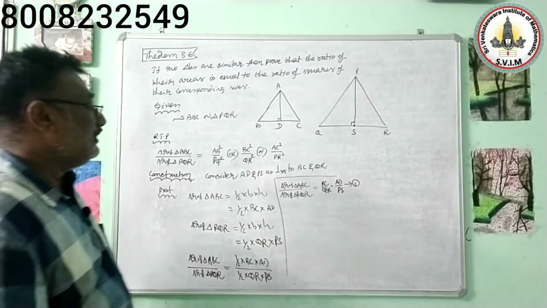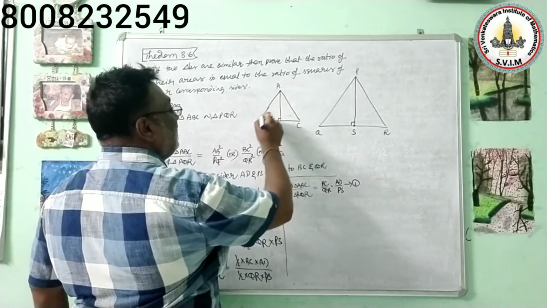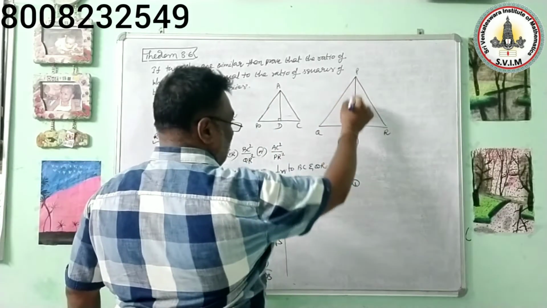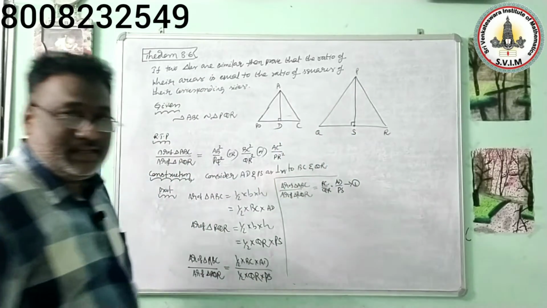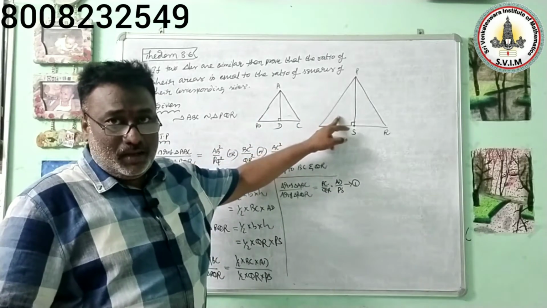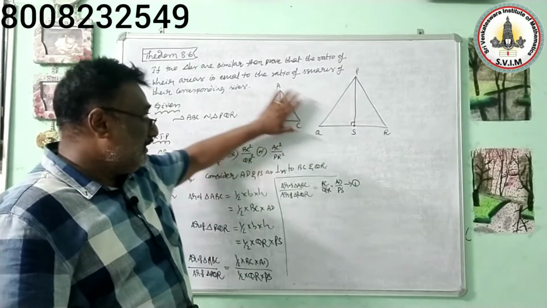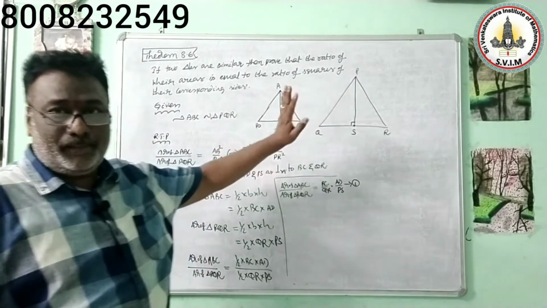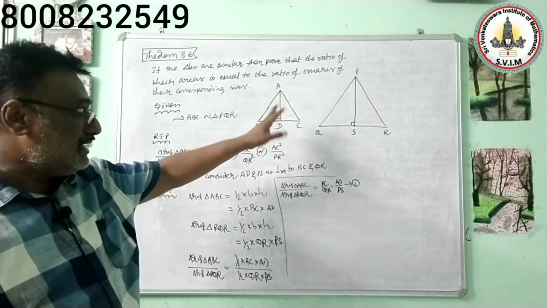Now you need to consider these two triangles. By considering them, it is very easy for us to prove that the two triangles are similar, because this angle is equal to this angle, since the two main triangles are similar, and AD and PS are perpendiculars in these two triangles.